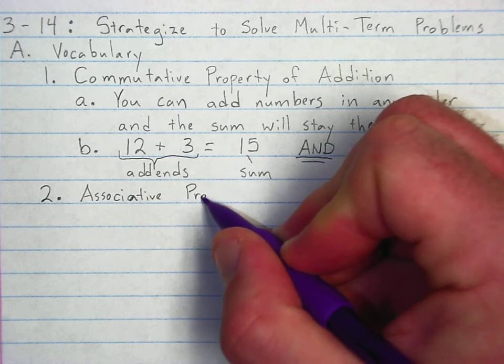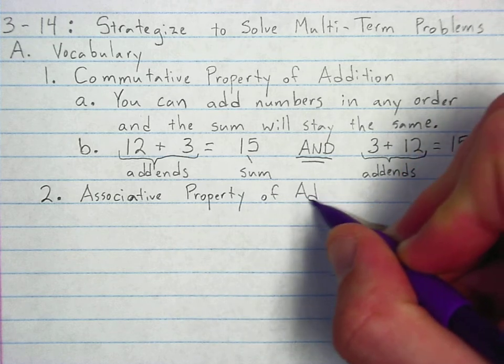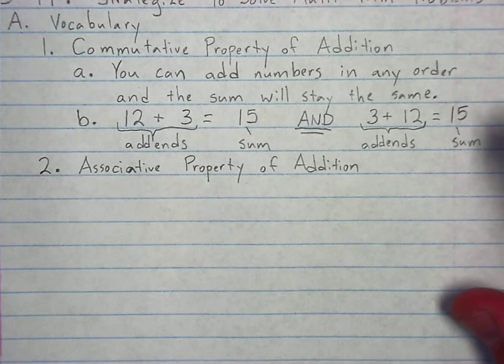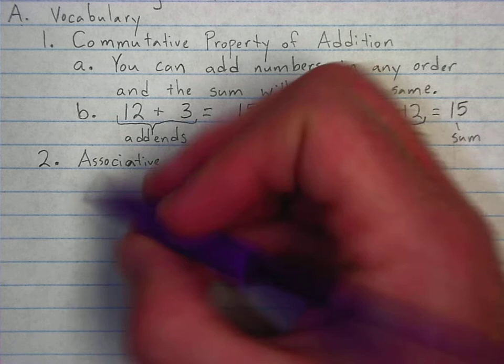property of addition. Now, the associative property is very closely related, and if you remember the multiplication version of this, you probably know how it's going to go. Okay.